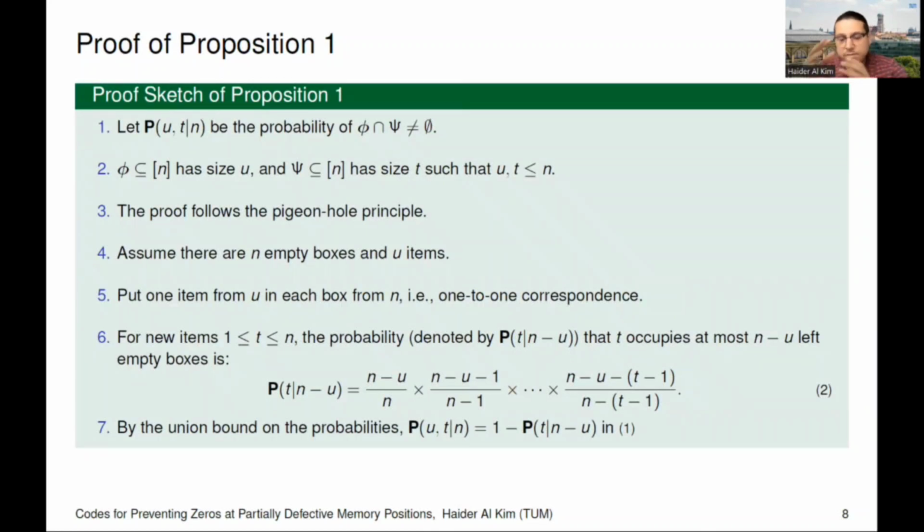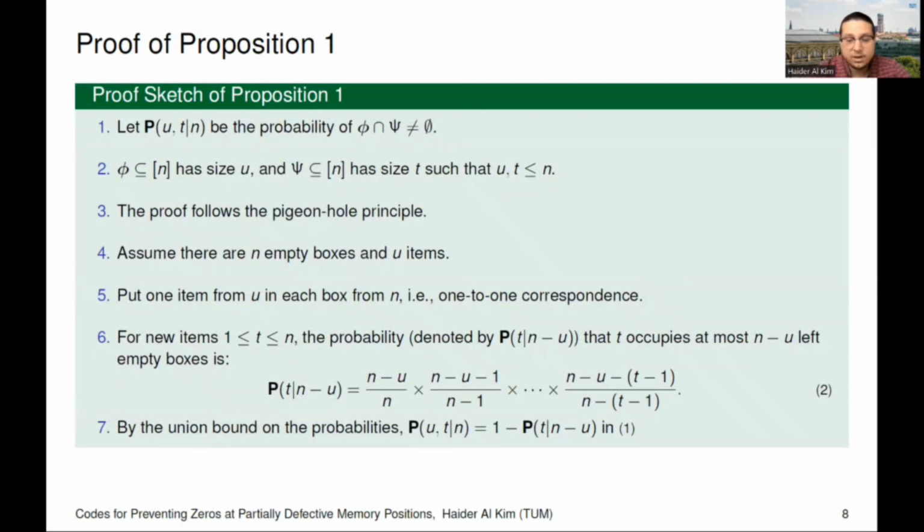Assume we have n empty boxes and we would like to put u items. We start filling the n boxes with the u items, and the left n minus u boxes remain. For any new item t, the probability that we occupy at most the n minus u left boxes is given by 2.